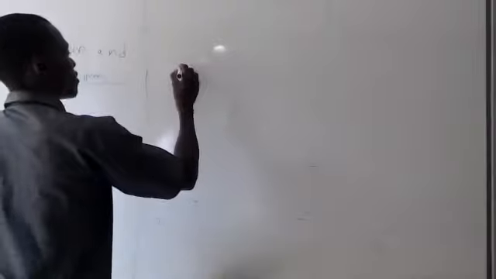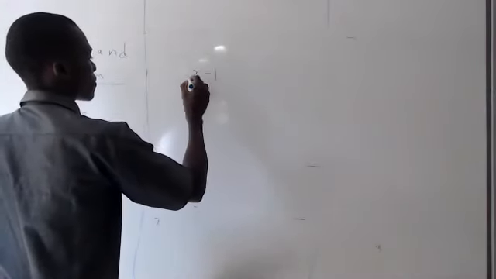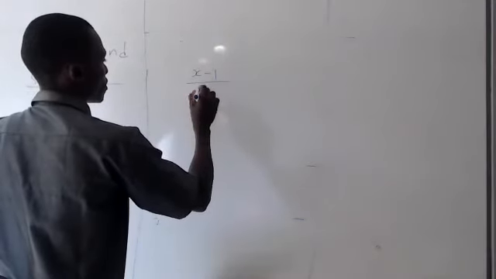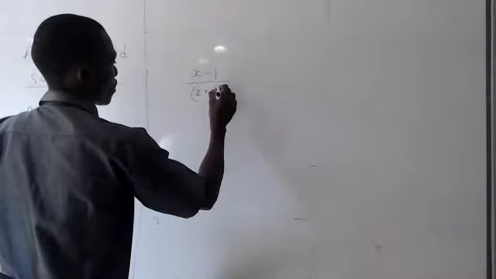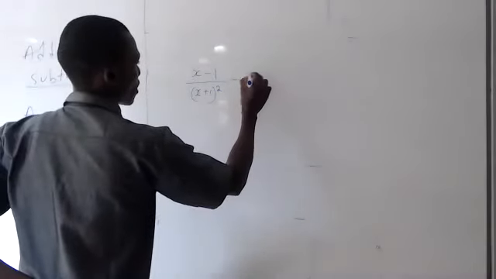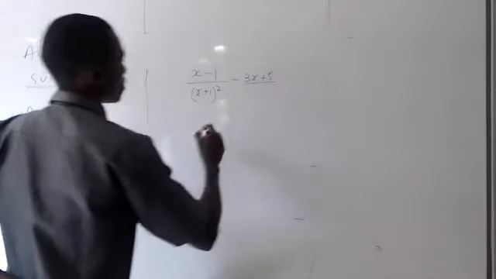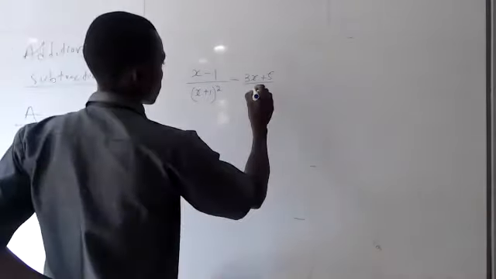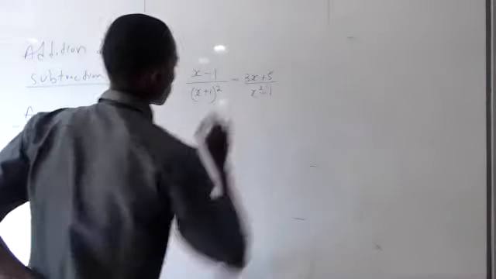So suppose you have, maybe, x minus 1 divided by x plus 1 squared, minus 3x plus 5 divided by x squared minus 1.